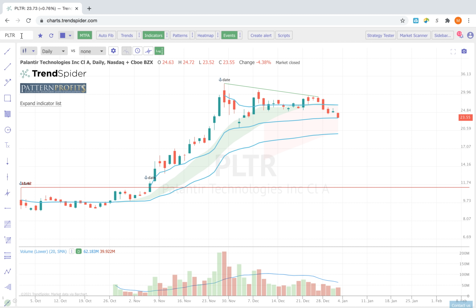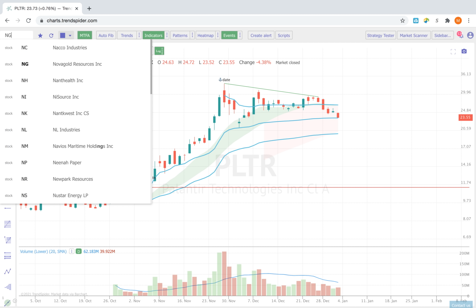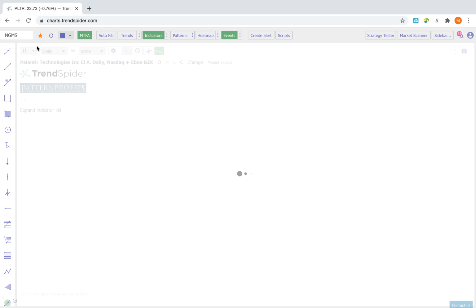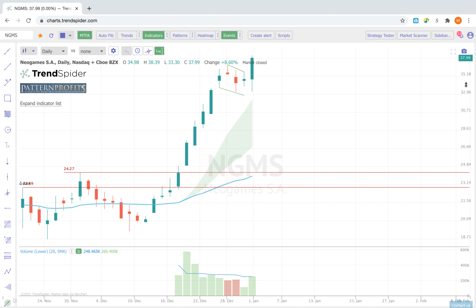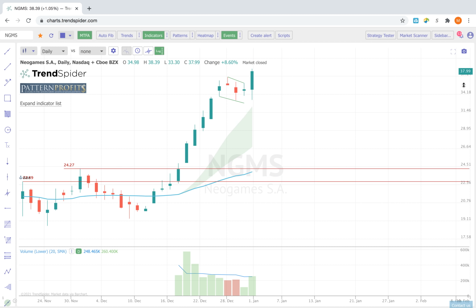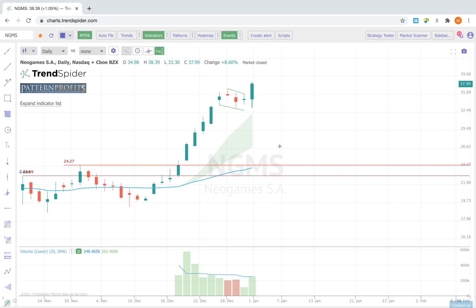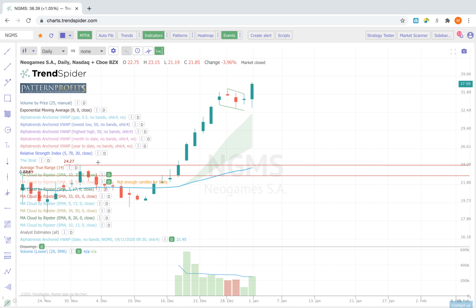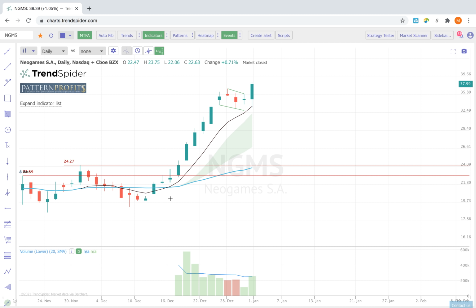And even with some of the more aggressive stocks, I got quite a few questions about this one, Neo Games, because it hit the scan, asking, hey, is it too late to get involved? Well, even the most aggressive here, let's say you use your swing trader that uses the 8 EMA, you want to get in as close to this 8 EMA as you can, because it would be natural for this to pull back just like it did here.